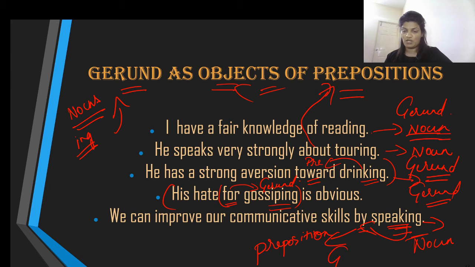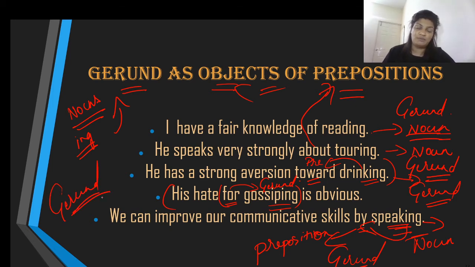Therefore, we call this your gerund. So this is how you see. Now another easy way to recognize: when you have an ing verb right next to a preposition, without doubt, it is a gerund. Because what are prepositions? Prepositions are the words which are used in front of nouns, right? So if you have an ing verb after a preposition, it has to be a gerund.